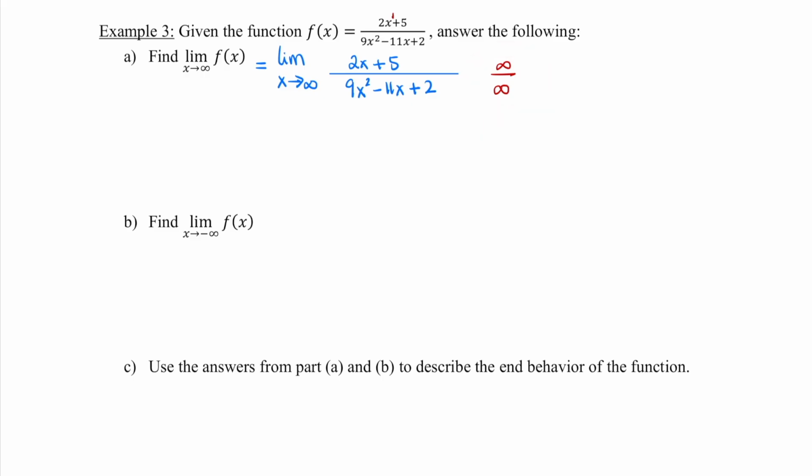So when you see infinity over infinity in a rational function, we will divide the numerator and denominator by the highest power of the denominator. This is my denominator, and the highest power is x squared. So we divide everything by x squared.